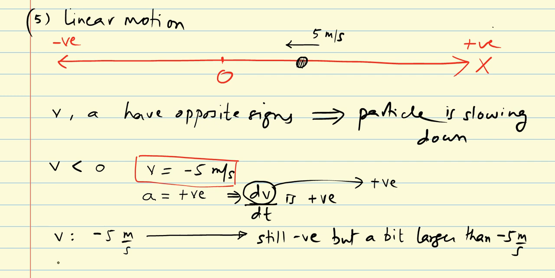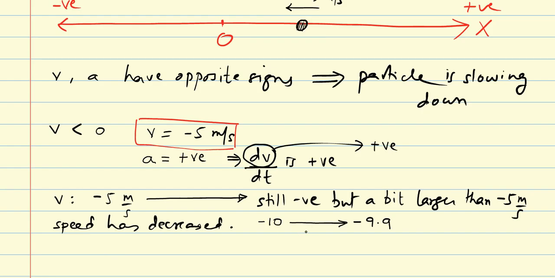A moment's thought will convince you that in the time interval dt, the speed of the particle has decreased, and that's because the speed is the modulus of the velocity. If you are unconvinced, you can just take a simple example. Supposing that there is a physical quantity which is initially minus 10 units, and after some time it becomes minus 9.9 units.